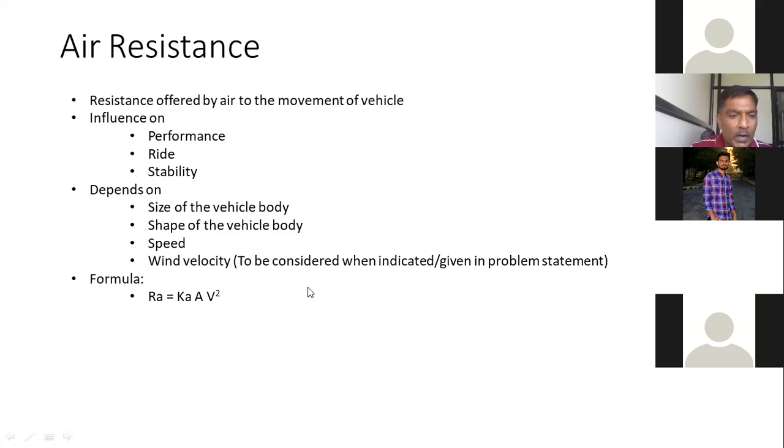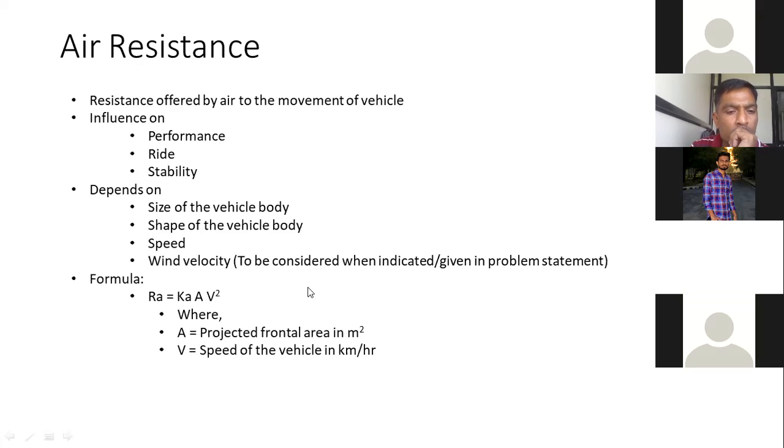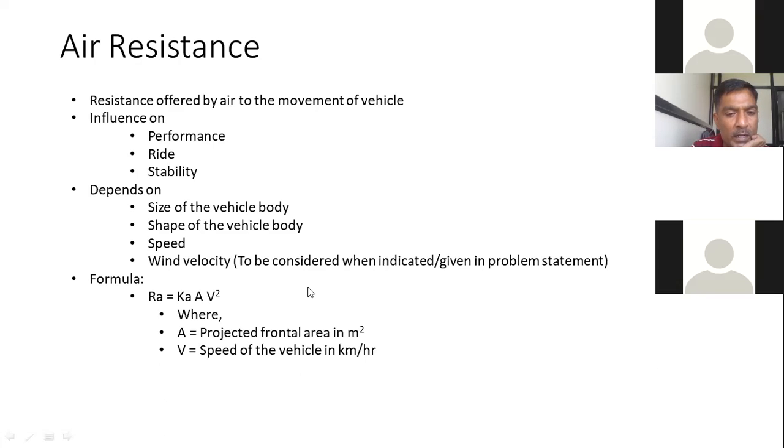Then the formula to calculate air resistance, we have seen, is RA equals K A V square, where A is the projected frontal area in meter square, V is the speed of the vehicle in kilometers per hour, and K is the coefficient of air resistance in Newton hour square per meter square kilometer square.